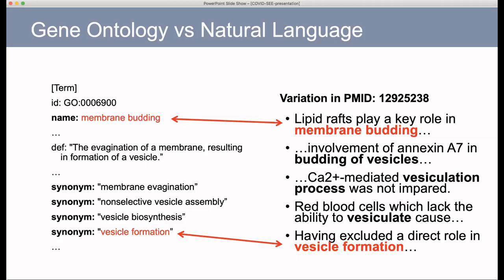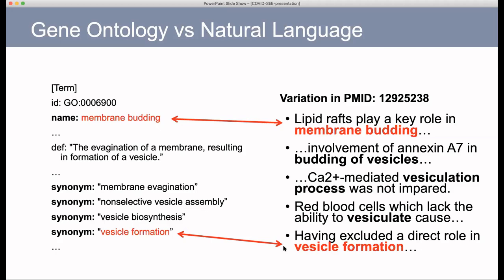So in this example, I'm trying to show the relationship between Gene Ontology terms, this particular GO term for membrane budding, and how it actually is expressed in the text. There are a couple of examples here in red where we have an exact string match between the term and the actual names or synonyms that appear in the ontology record for this GO term.